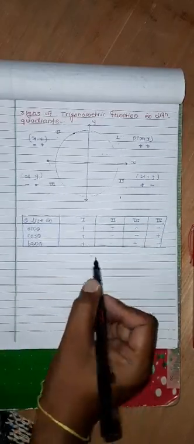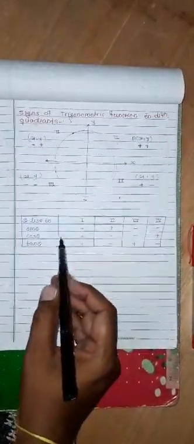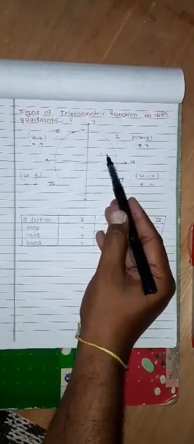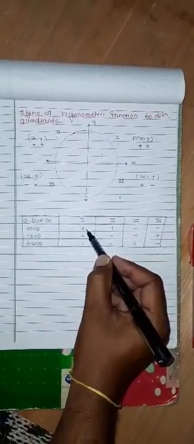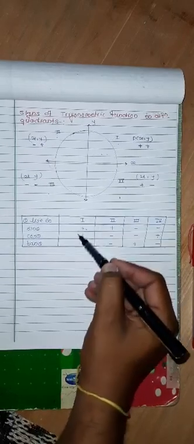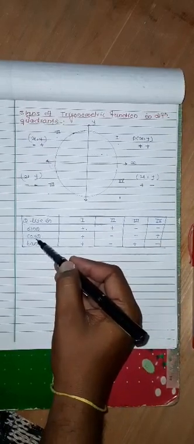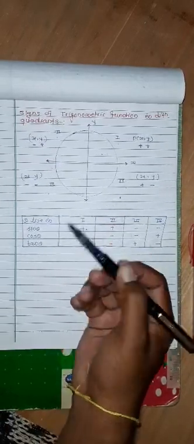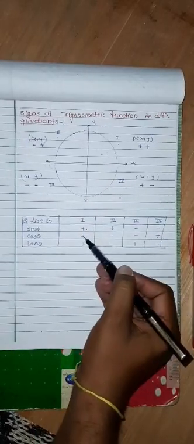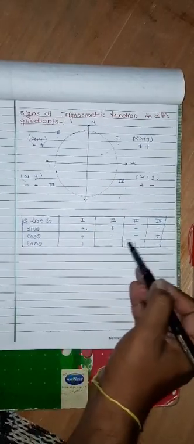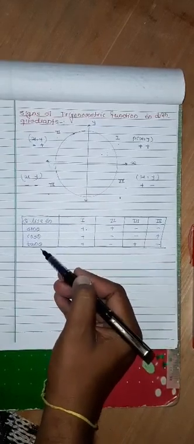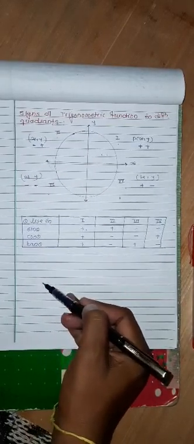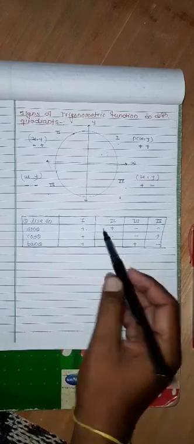we can determine the trigonometric functions. If theta lies in the first quadrant, the sine function becomes positive, isn't it? Then the cos function in the first quadrant is positive, and from these three functions we can calculate the other three functions also.